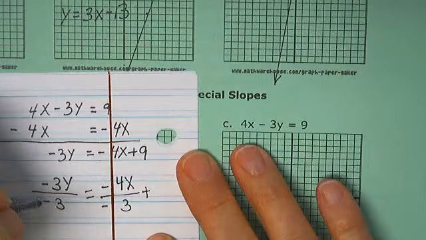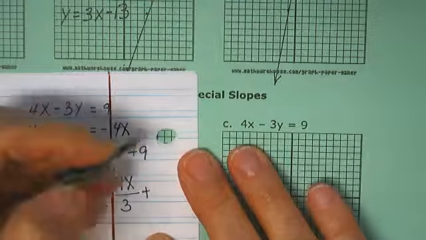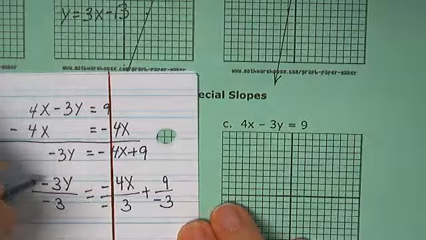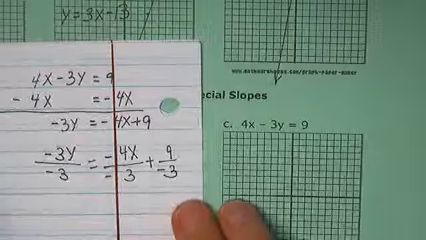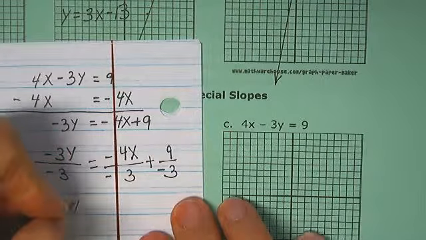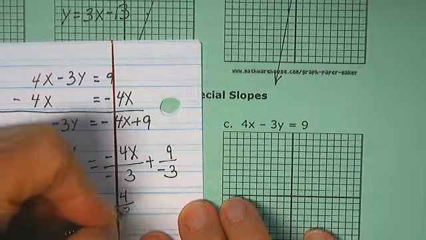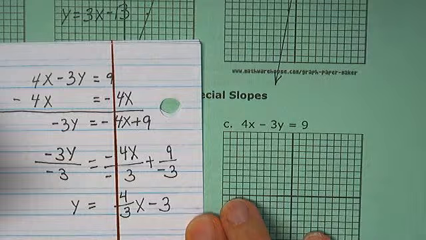Negative 3y divided by negative 3 equals negative 4x divided by negative 3 plus 9 divided by negative 3. Negative 3 divided by negative 3 is what? All together now, it's 1. Y equals 4 over 3 times x minus 3.